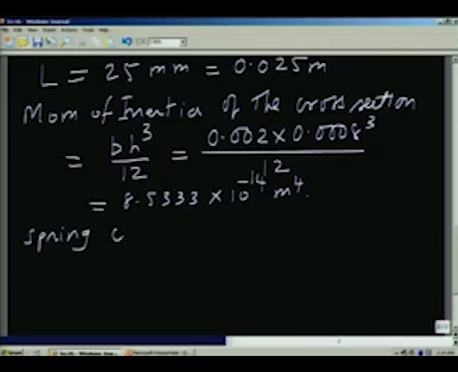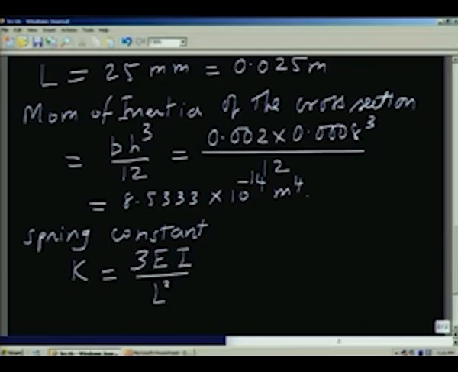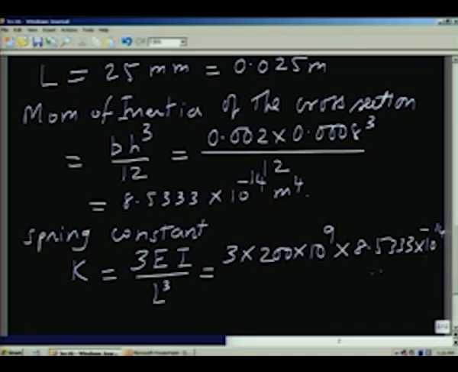The spring constant, which is what we are trying to find out, is given by, let us use the symbol K, it is nothing but 3 EI by L cube, and this will be 3 into E is 200 into 10 to the power of 9 into I is this quantity 8.5333 into 10 to the power of minus 14 divided by 0.025 whole cube. The unit of K will be newtons per meter.